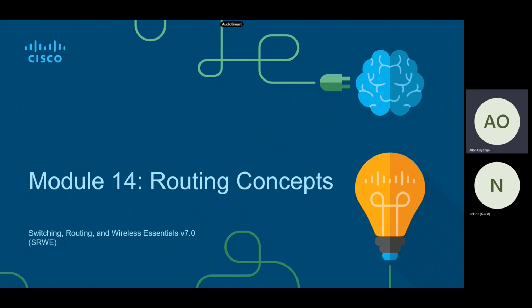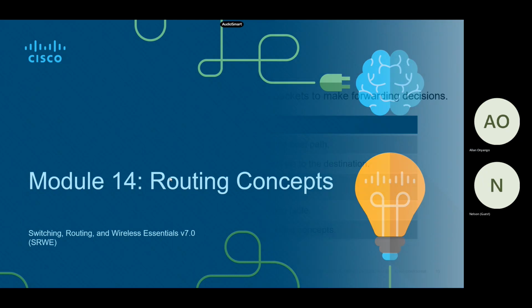It is now time to have this conversation around routing, right? So switching is done by switches, routing obviously done by routers, put together, of course, with the layer 3 switch. And we now want to do routing, and we check out some concepts that are found behind routing.